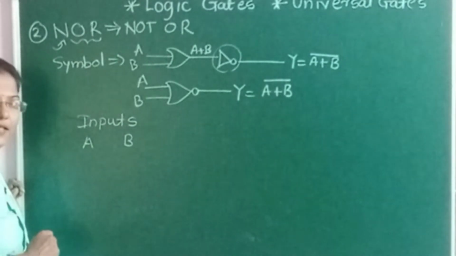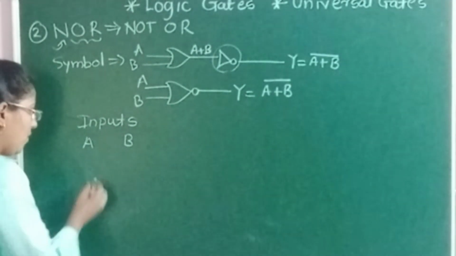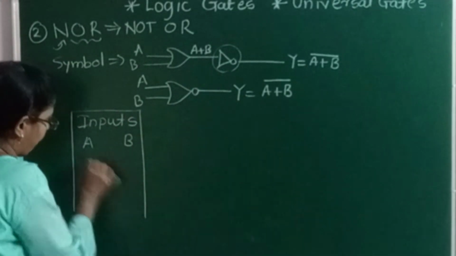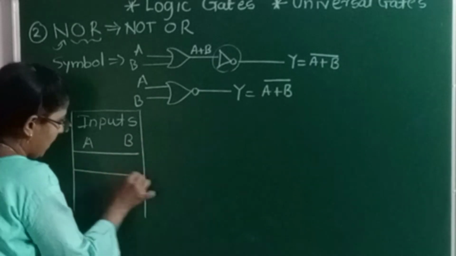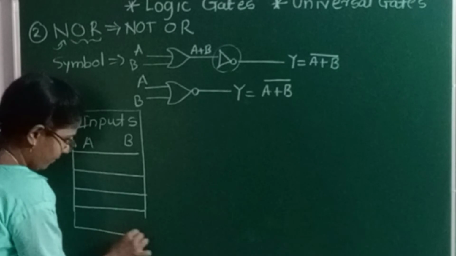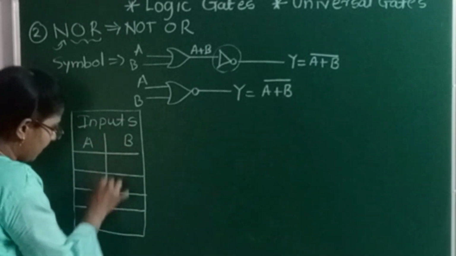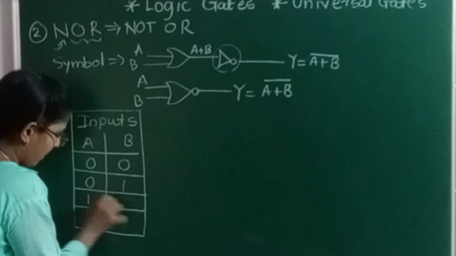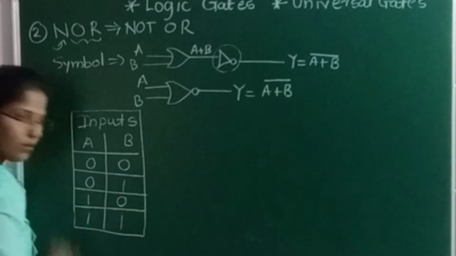So the value of n is 2. 2 raised to 2 equal to 4. One, 2, 3 and 4. Which 4 combinations? 0, 0, 0, 1, 1, 0 and 1, 1.